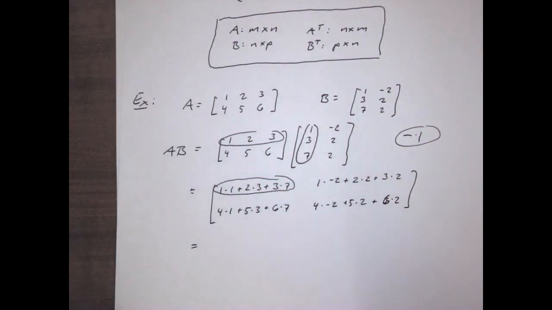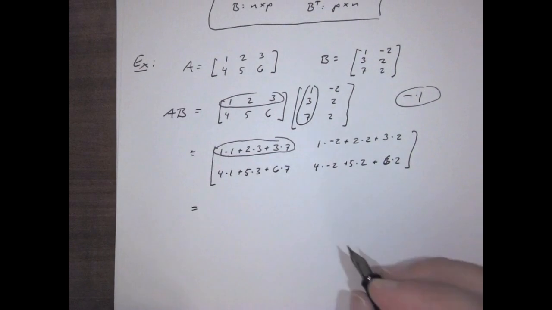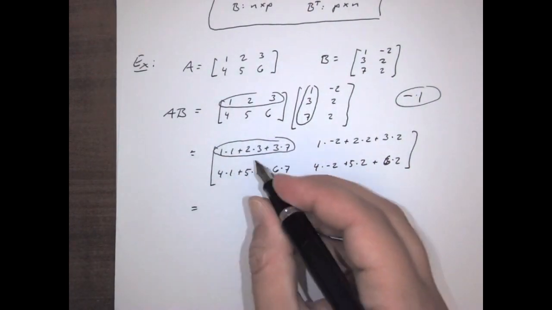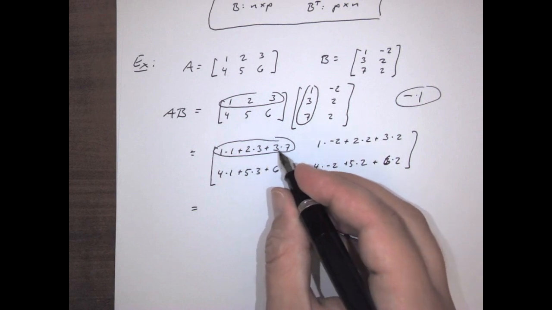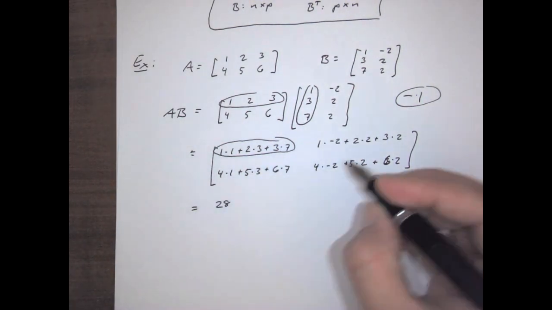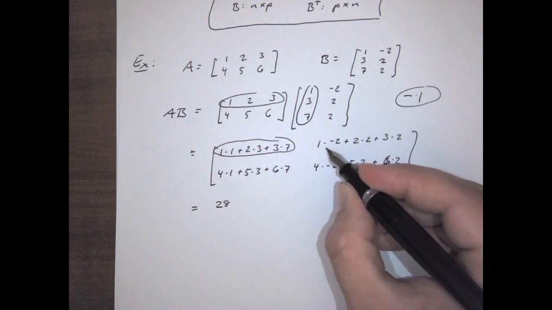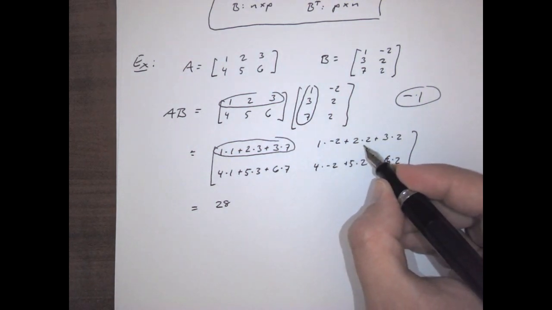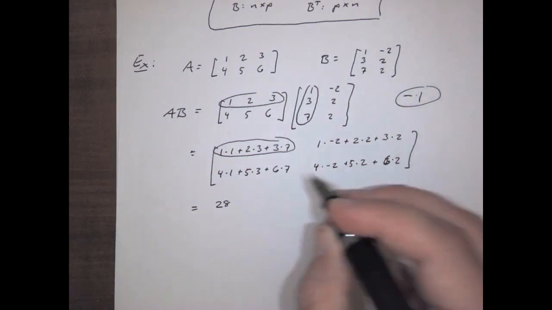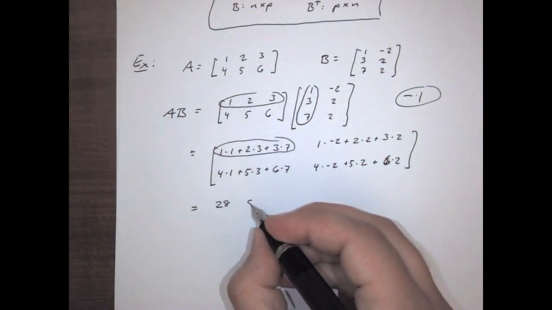Okay, so that's what we will get right here, and that's going to be 1 plus 6 is 7, plus 21 is 28. And then here we're going to have negative 2 plus 4 is 2, plus 6 is 8.